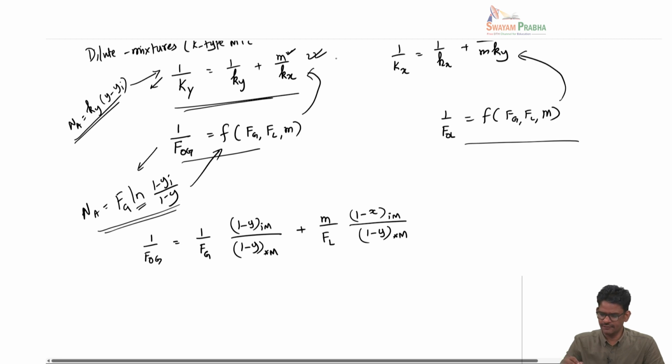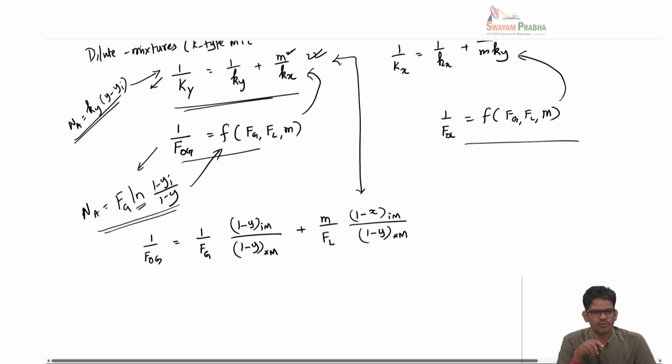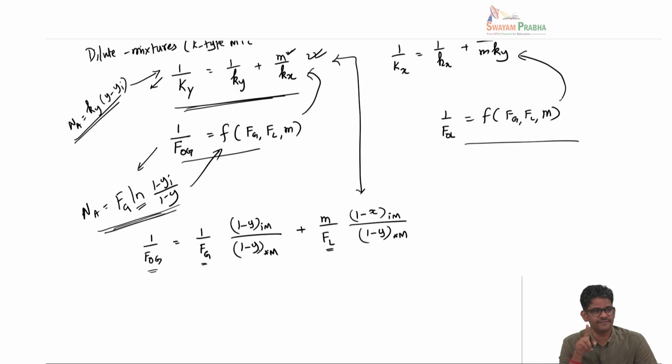So you can compare these two expressions. For the dilute mixture, the overall coefficient can be simply written in this way, whereas for the concentrated mixture, where the mass transfer rate is expressed in terms of this logarithmic term, the expression for the overall F-type mass transfer coefficient involves the local coefficients, but also the concentration effects. So this is what I was saying, that the F-type coefficient will depend on the composition.